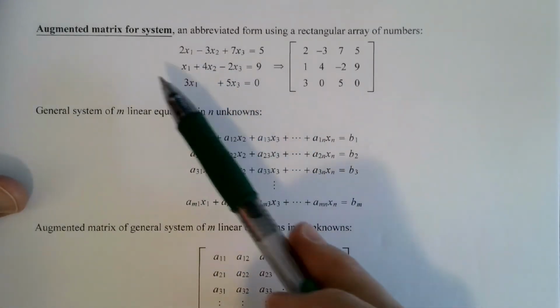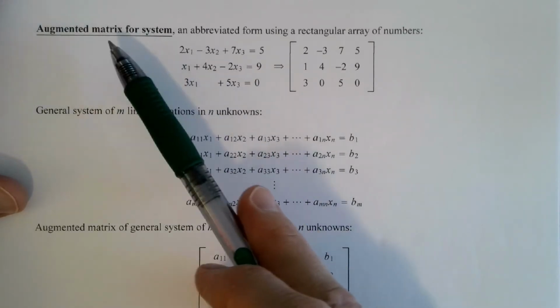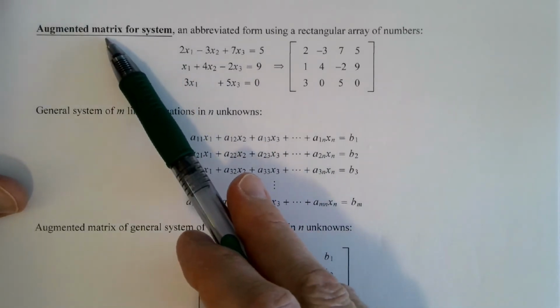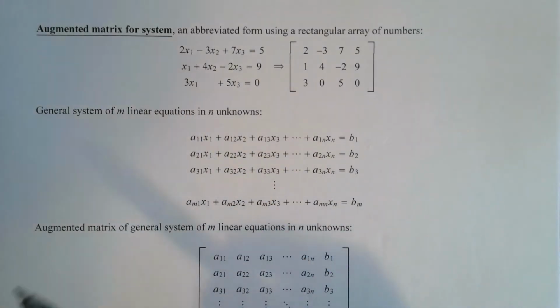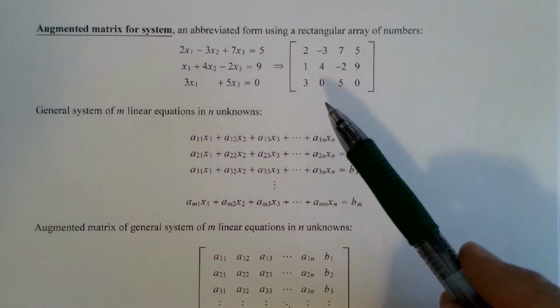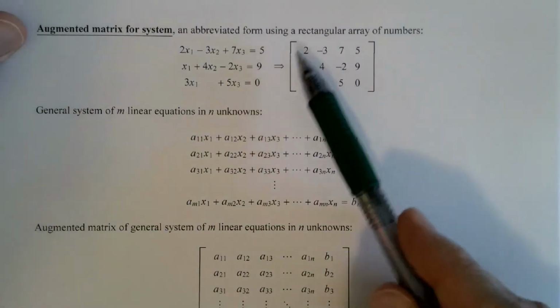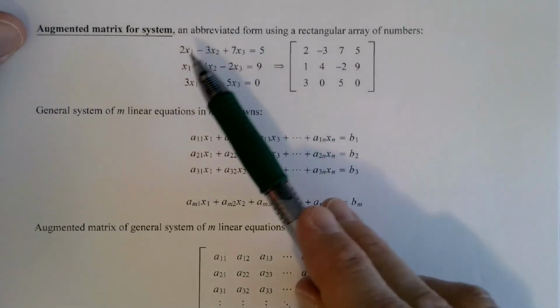Well, we're going to introduce something known as the augmented matrix for the system. A matrix is an array of numbers. Some of you have dealt with matrices, and we will look at matrices in and of themselves shortly, a little bit more in depth, including the properties and the arithmetic involved. But right now, this is a way of abbreviating the system of linear equations.